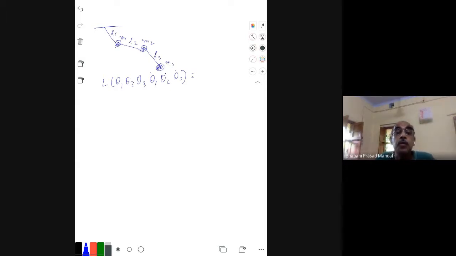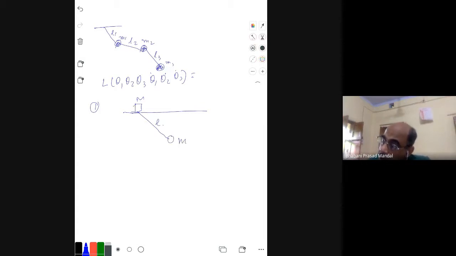Okay, great. So this is the triple pendulum you can solve. Anybody can solve it, right? I'm not going to discuss this. And then there is another problem. Let us see. There is a mass, capital M, and then we have a simple pendulum connected to small m with a length.